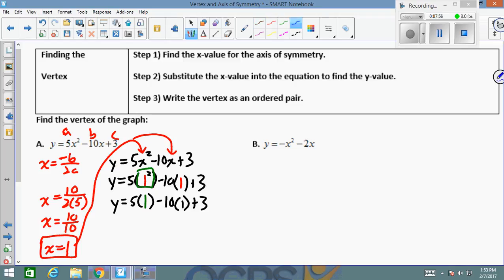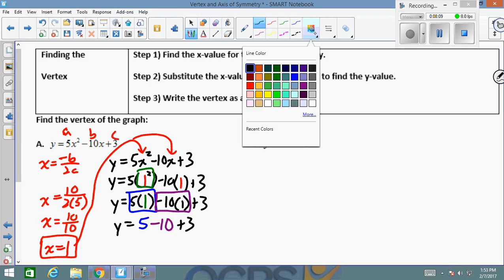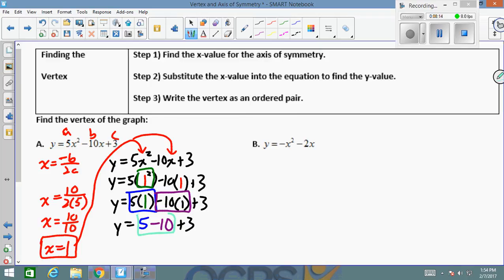Then you do all your multiplication. So 5 times 1 is 5. Negative 10 times 1 is negative 10. Okay? Then you do 5 minus 10 here, which is negative 5.